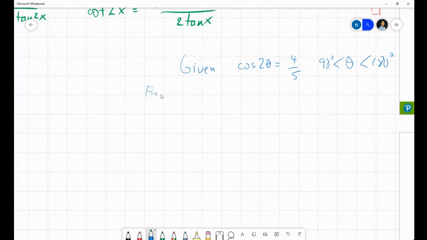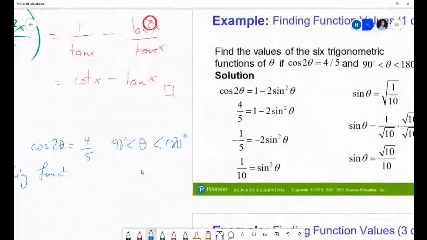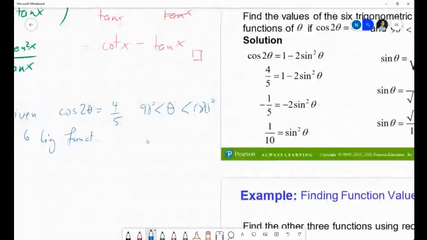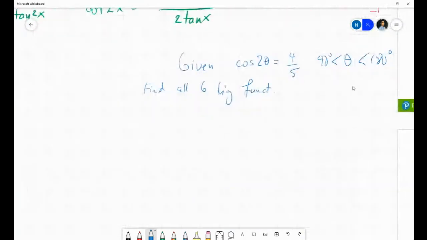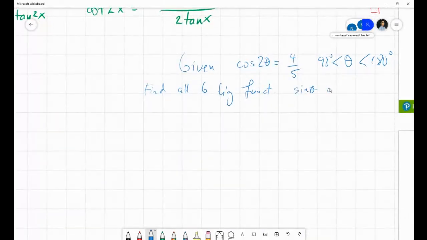So find all 6 trig functions. Right? Is that what the question is? Yes. So basically they want us to find sine of theta, cosine theta, tangent theta, and so forth.